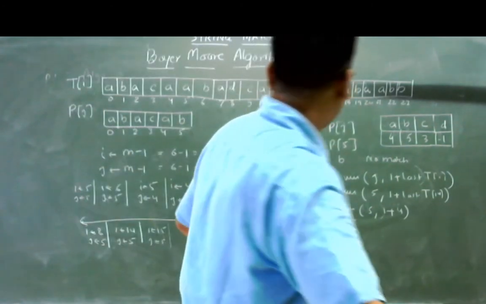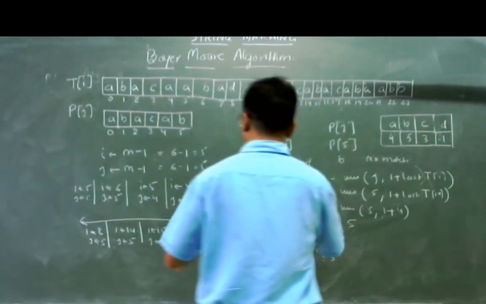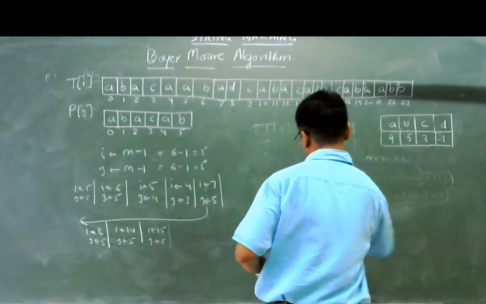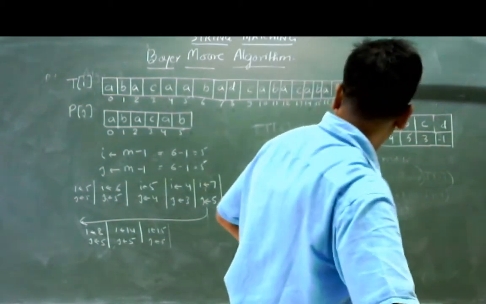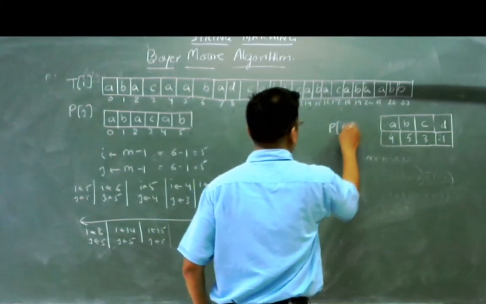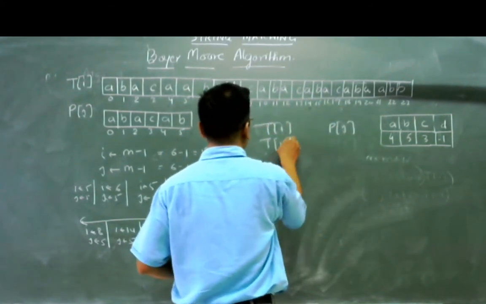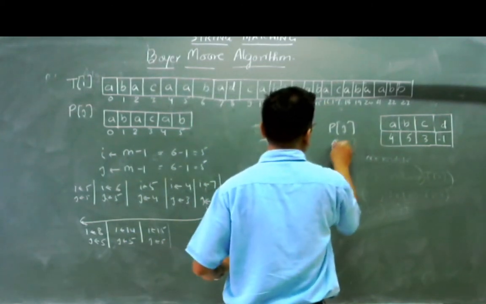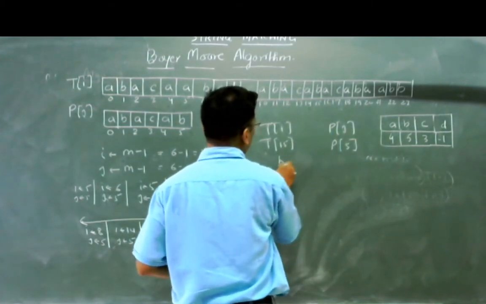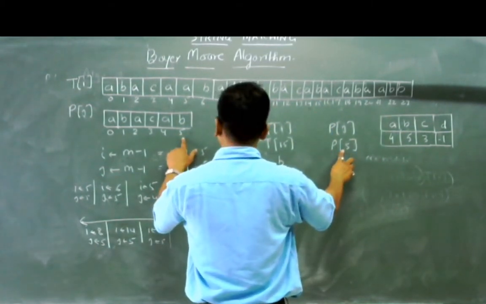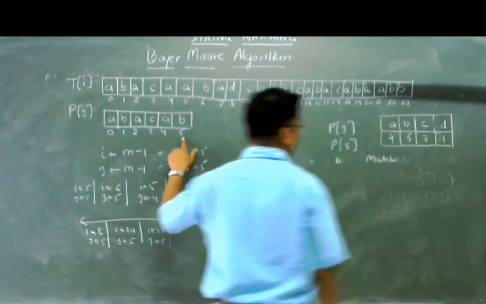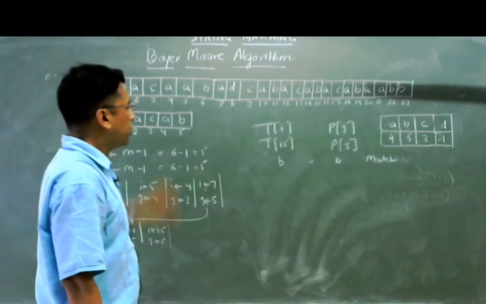So we shall compute the same for these values, T i and P j, T15 and P5. At position T15 the element is B, and at position number 5, P5, the element is B. So we have found a match.